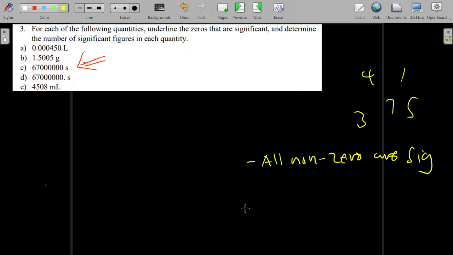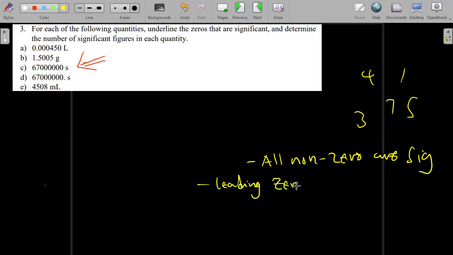And then the other rules center around the zero. Okay, so we have about 3 types of zeros. We have the trailing zeros, we have the captive zeros, we also have the leading zeros. Depending on the type of zero that you have, there are certain rules that you have to follow. So I'll start with the leading zeros.